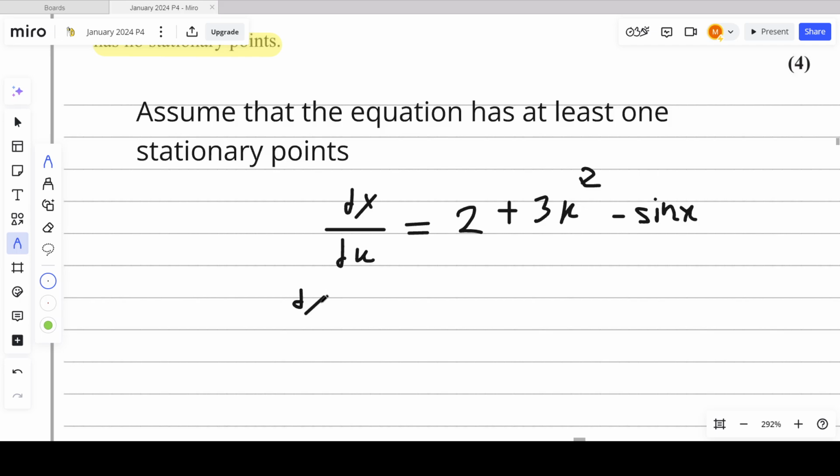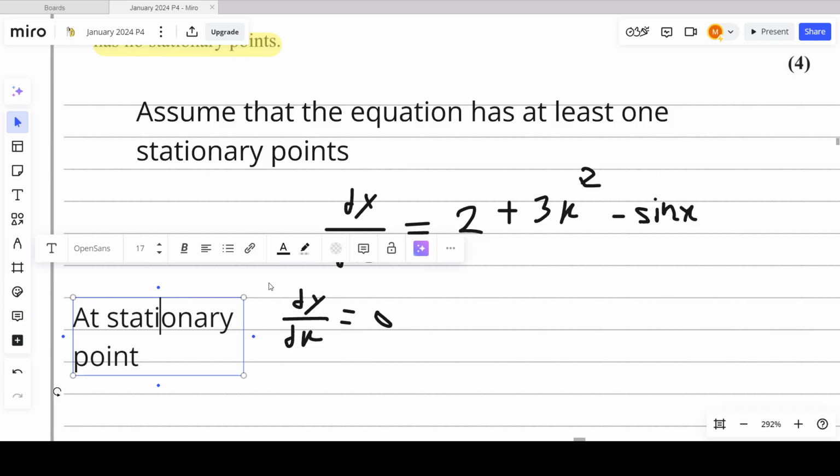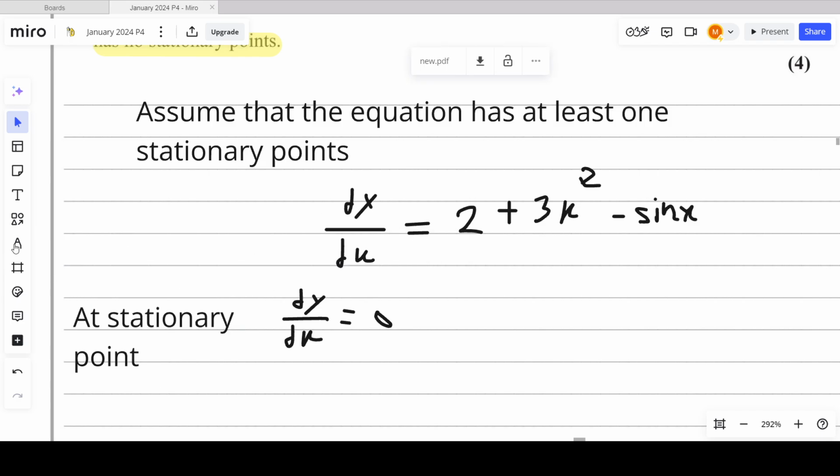dy over dx would be what? dy over dx would be equal to what? 0. Where? At a stationary point, right? At a stationary point, we can write dy over dx equals 0, right?